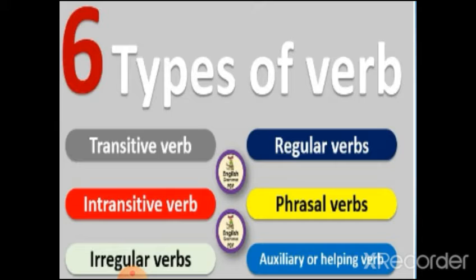Let us see one by one with the example. First is transitive verb. Second is intransitive verb. Third is irregular verb. Fourth is regular verb. Fifth is phrasal verb. And sixth is auxiliary or helping verbs.